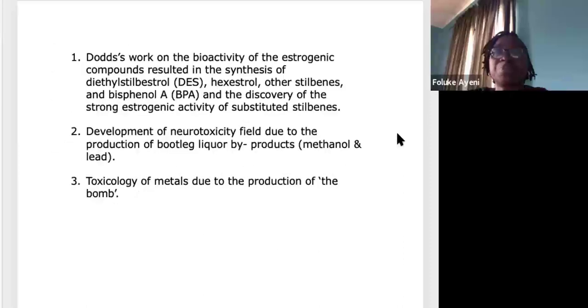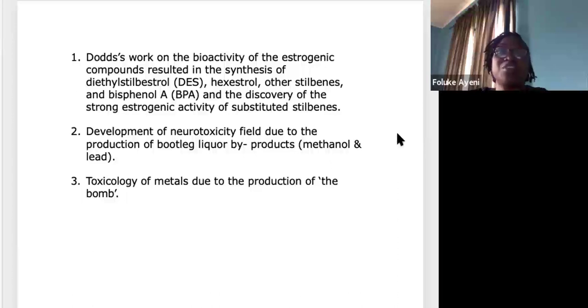Okay, so other toxicologists did some work on the bioactivity of estrogens, and it discovered the effect of estrogen in the body and also the toxic effect of estrogen in the body.